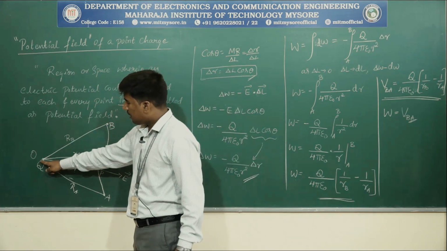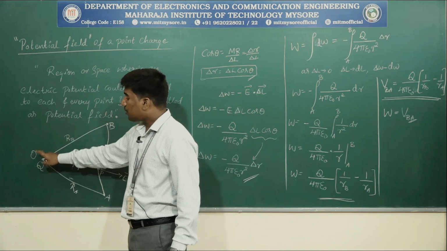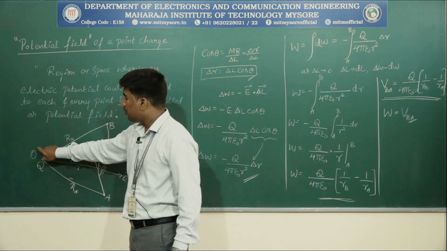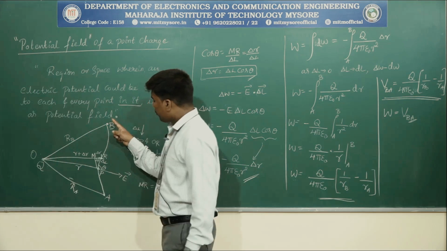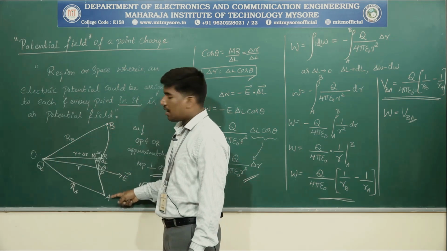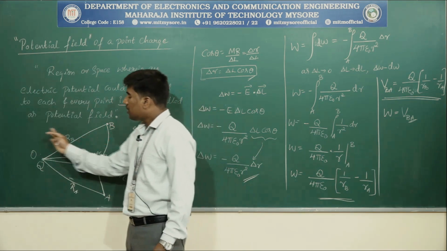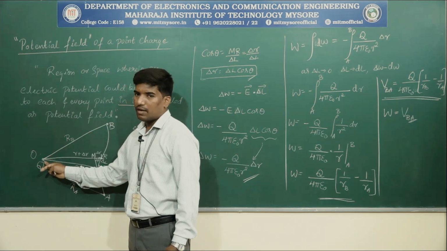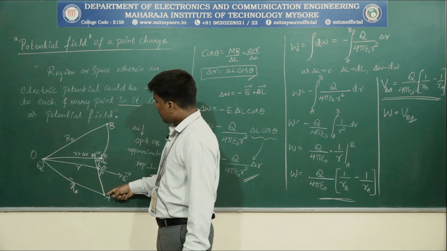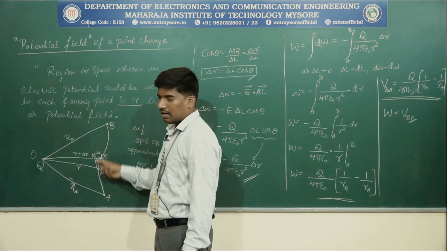Consider a point charge Q at origin O of the coordinate system. Consider two arbitrary points A and B within the vicinity of the field developed by the point charge. Now the path is selected arbitrarily.